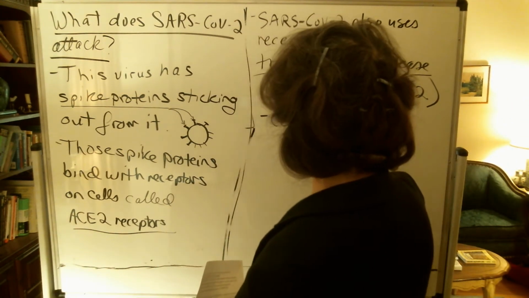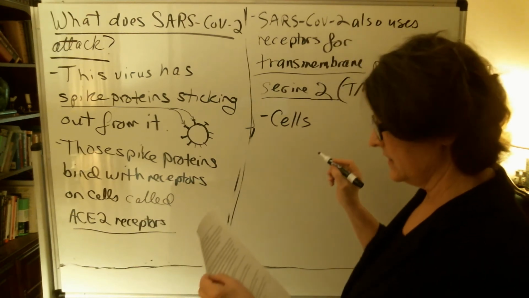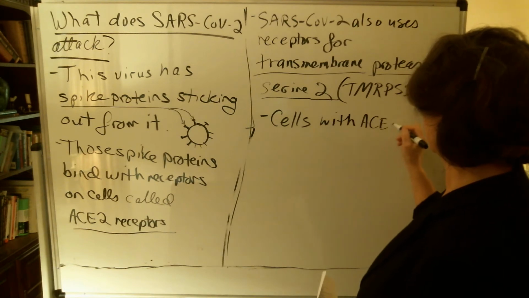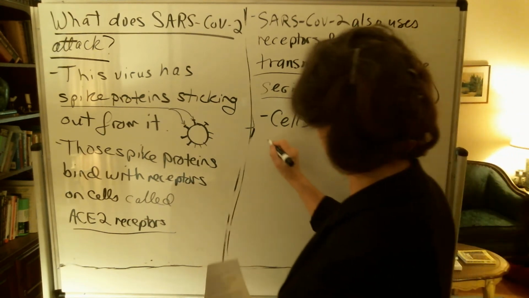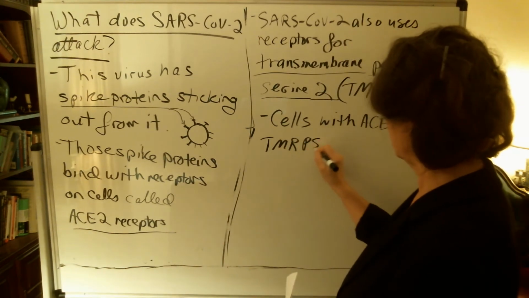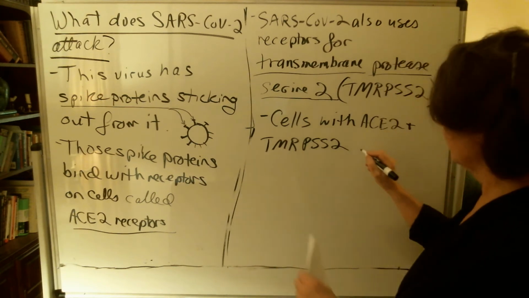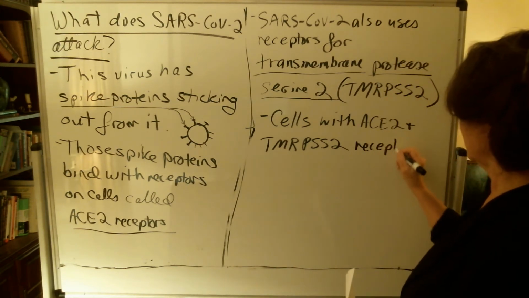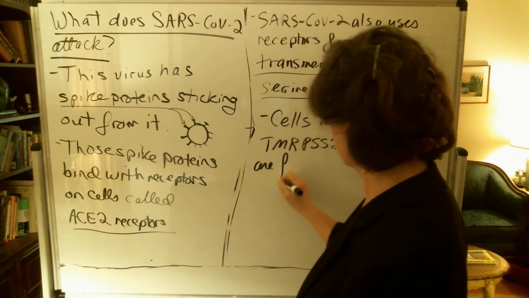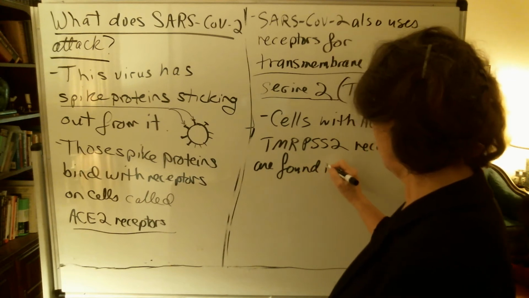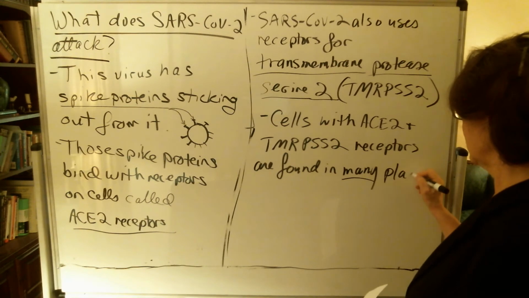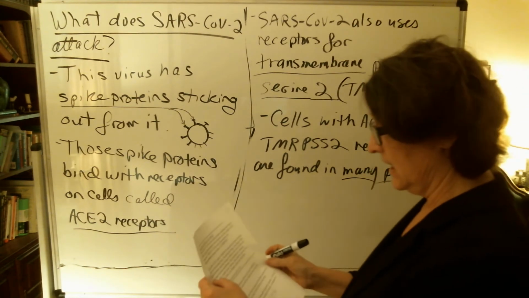Now, a huge problem, as it turns out, is this. Cells with ACE2 and TMPRSS2 receptors are found in many places in the human body.